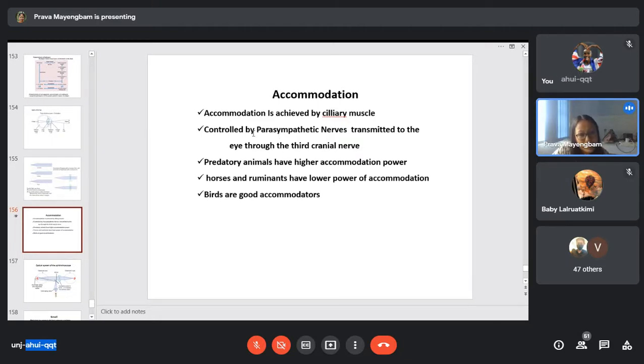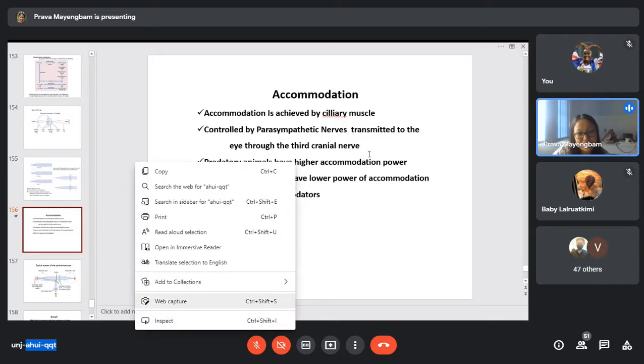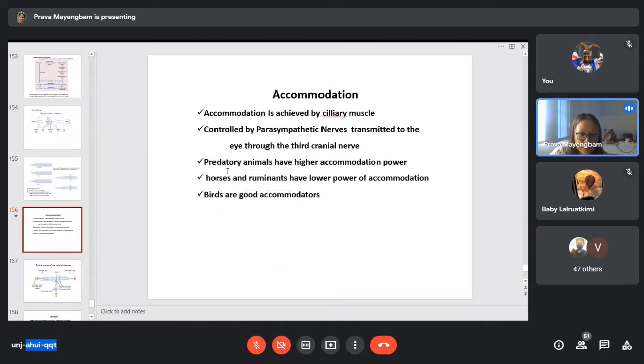That is controlled by parasympathetic nerves and transmitted to the eye through the third cranial nerve, the oculomotor nerve.